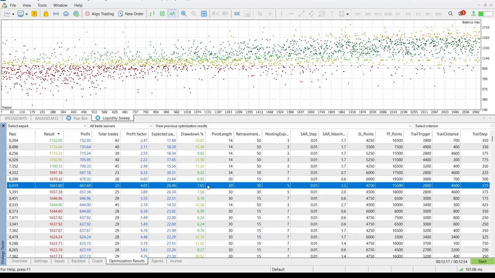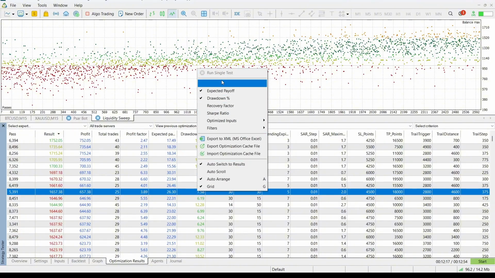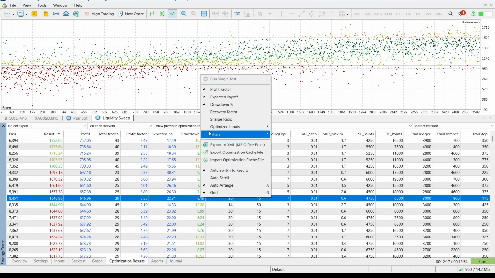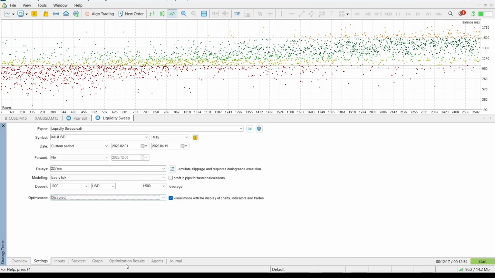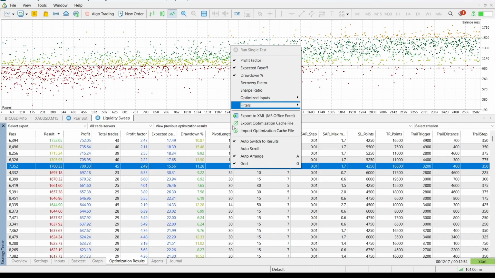If you want to visually test one of these settings, you just right click on it and run a single test. But then you'll have to disable the optimization and have it set on visual mode. Now if I right click here, this optimization was run before, and then I closed the strategy test and brought it back up, so it's not allowing me to run a single test.